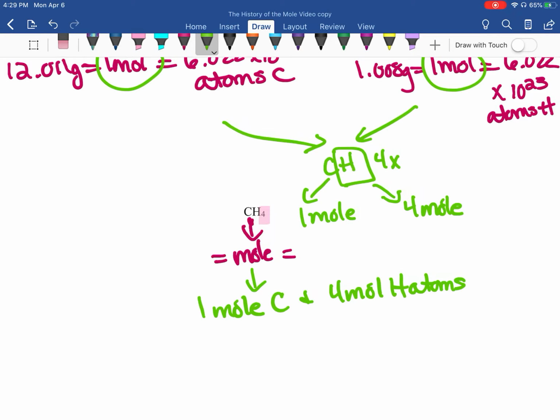Now I just mix those two, and we've got 1 mole of carbon for every 4 moles of hydrogen. Well, we already know the answer to this, right? If we have 4 moles of hydrogen, then each one of those moles is 6.02 times 10 to the 23rd.